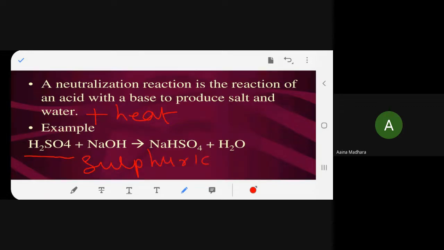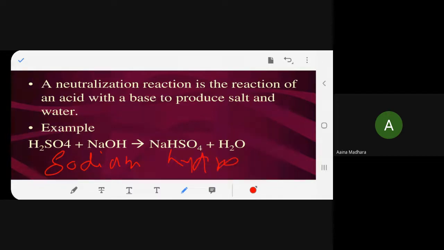Then we have NaOH. What is NaOH? Sodium hydroxide.